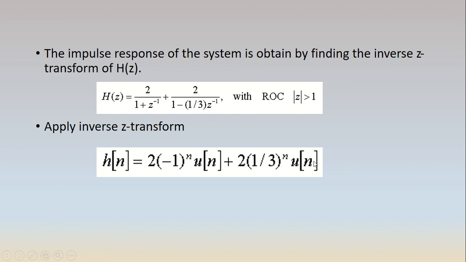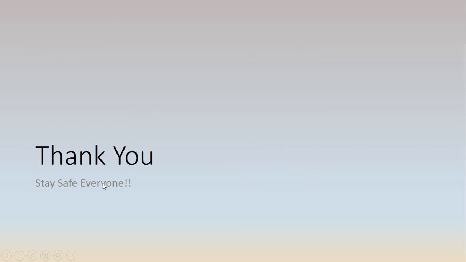So this is the answer of the problem, example 7.13, how to find the causal LTI system, which is h[n]. So you can determine h[n] like this. Thank you everyone. Stay safe.